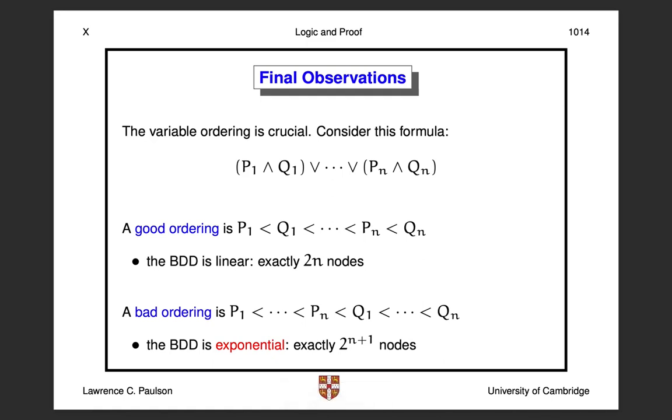It turns out the BDD for our formula with that ordering has exactly 2n nodes, which means it is of linear size, and I can describe the BDD for you. You should be able to draw it without any fancy calculations, because clearly you test P1. If P1 is true, you test Q1, and if that is also true, then you link straight down to 1.